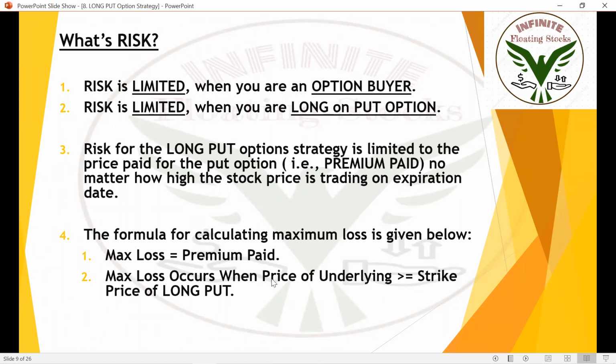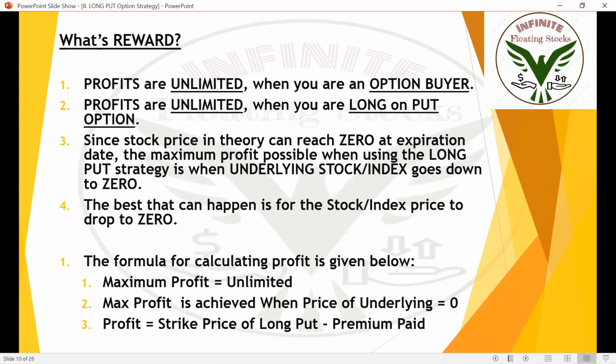So maximum loss occurs when price of underlying asset is greater than or equal to strike price of long put. Even if you're not understanding this, no problem. Go on to payoff diagram, scroll the mouse and understand. It's pretty simple. What's reward? I already explained. So let's run through this slide with little more speed.